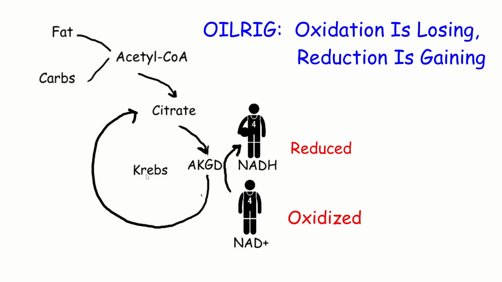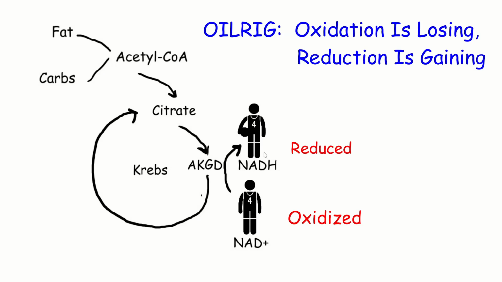What the Krebs cycle does is this: the energy in our food is held by high energy electrons. And in the Krebs cycle, we transfer those electrons to NAD+, which is known as an electron carrier. So this AKGD is giving the electrons to NAD+, the oxidized form, and it is becoming NADH, which is the reduced form.